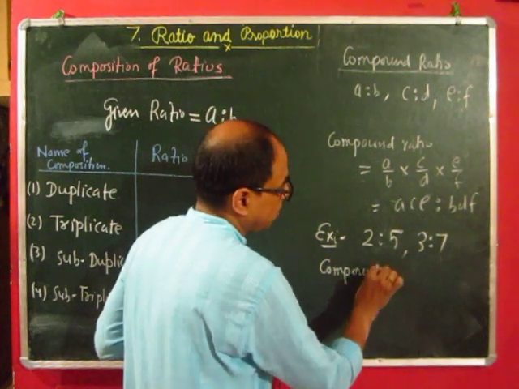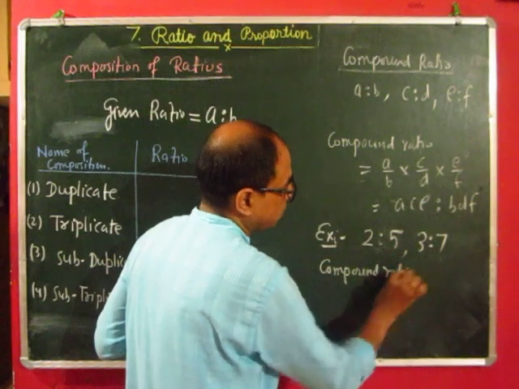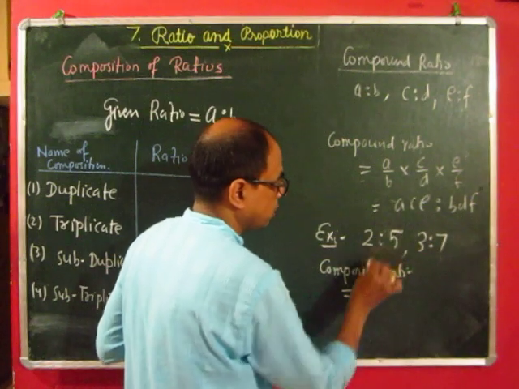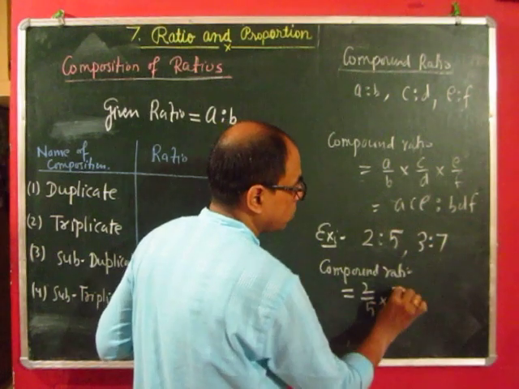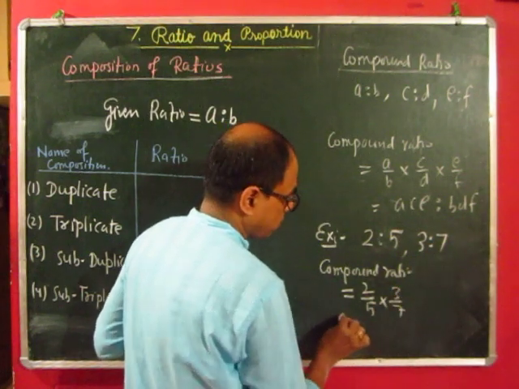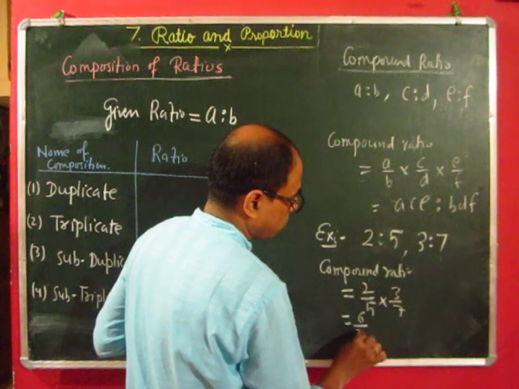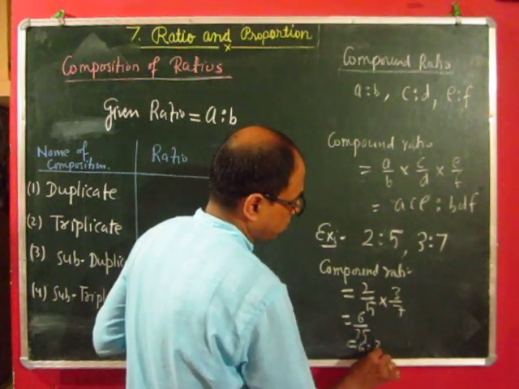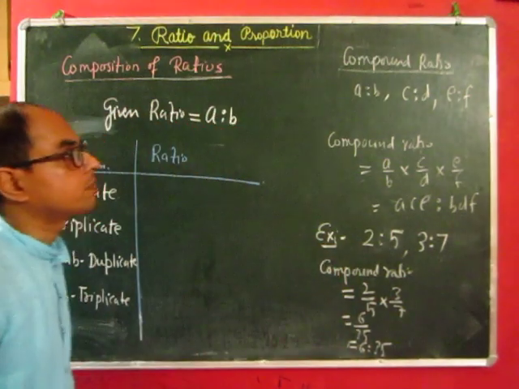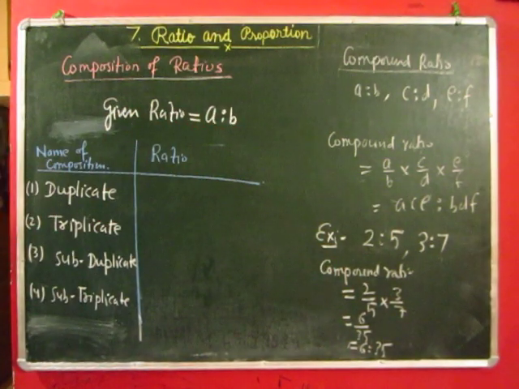It is very easy: 2 by 5 into 3 by 7, so the answer will be 6 by 35. That is 6 is to 35. So I think you have got the meaning of compound ratio.